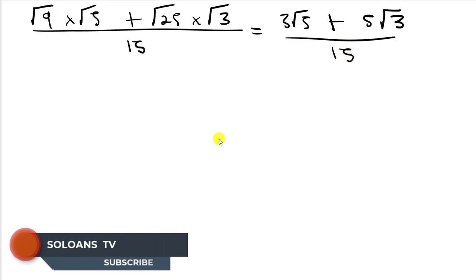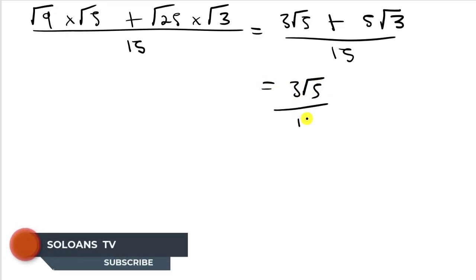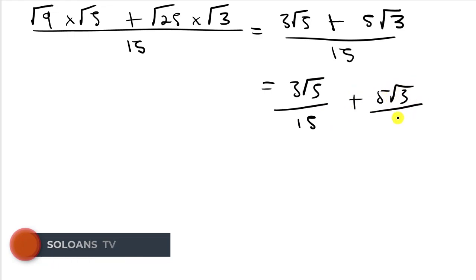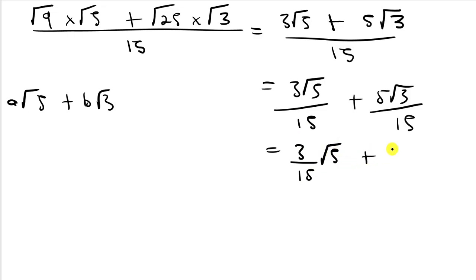At this juncture, let's simplify this further. So we are going to have 3 root 5 over 15 plus 5 root 3 over 15. Because the question wants us to express this in the form a root 5 plus b root 3, this is the same as 3 over 15 root 5 plus 5 over 15 root 3.